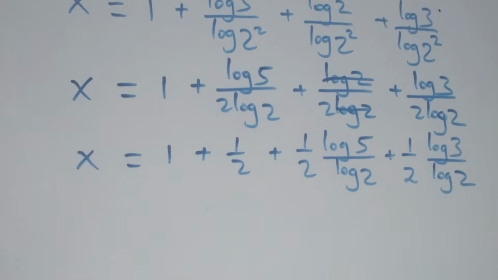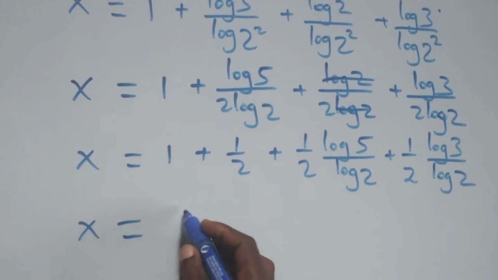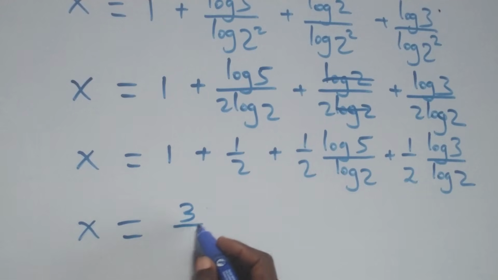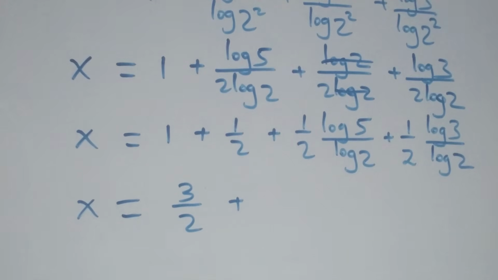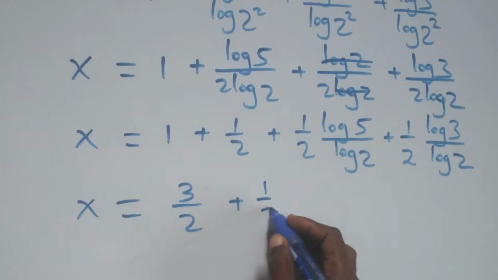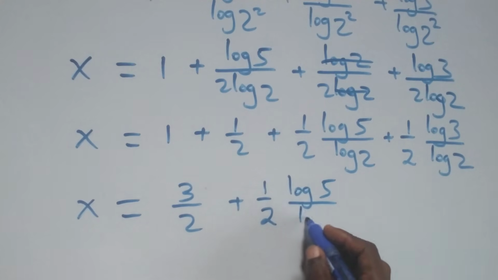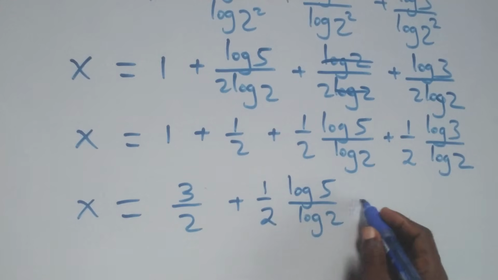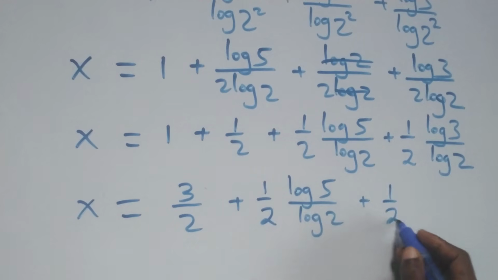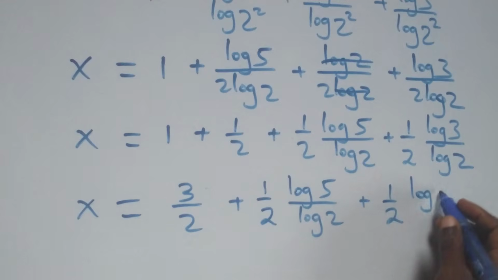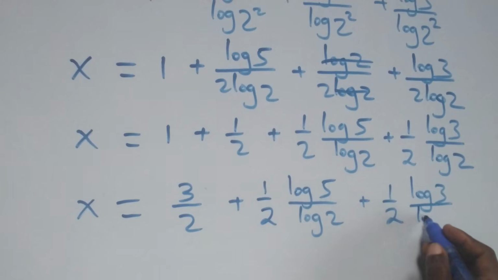So we can write this as x equals 1 plus 1 over 2, that's 3 over 2, plus half times log 5 over log 2 plus also half times log 3 over log 2.